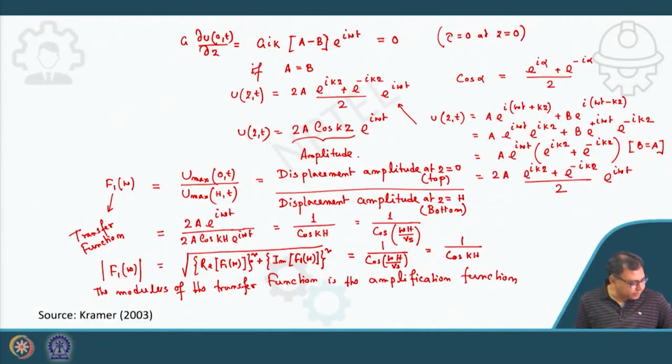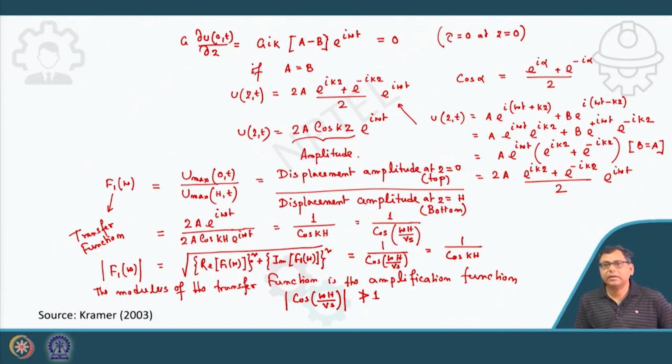So similarly, you can see that this modulus of cos omega h by Vs cannot be greater than 1 under any condition.